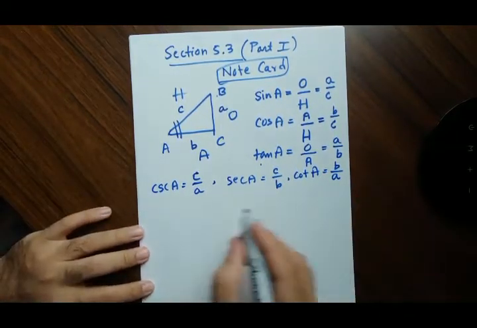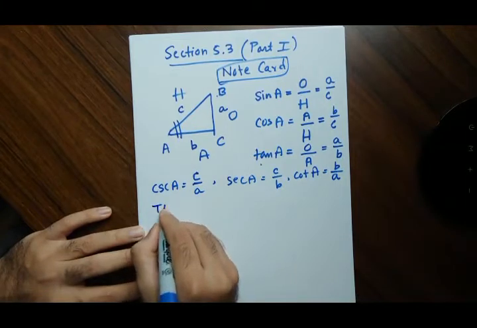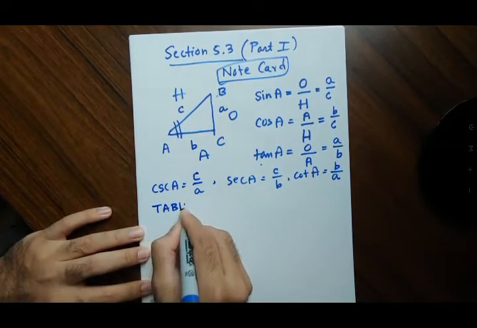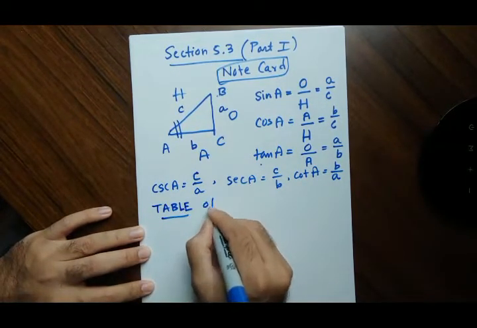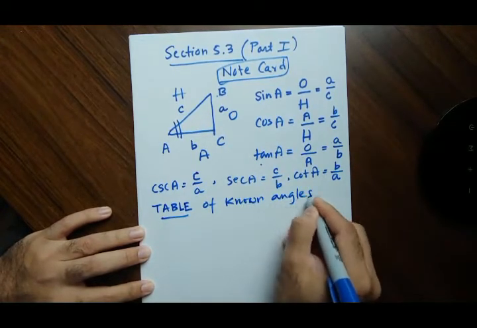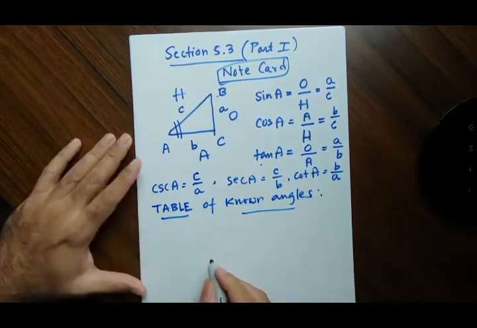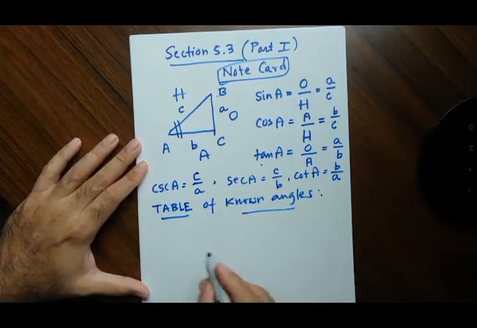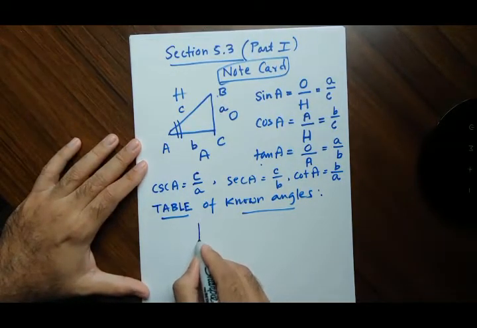Now, the next important thing is making a table of known angles. And that table is given in the book, so you can copy that from the book. I'm just giving you an example of how this table looks.